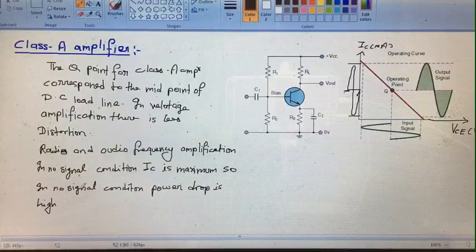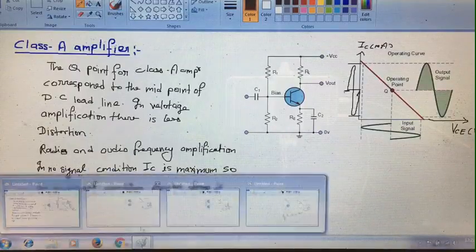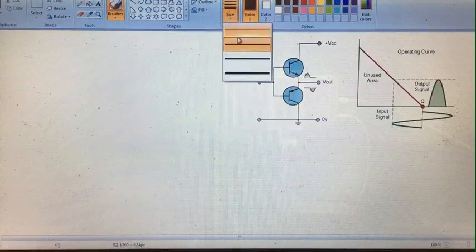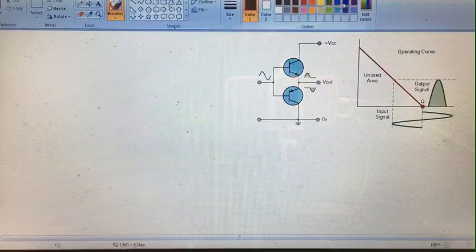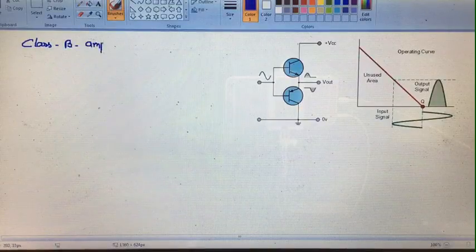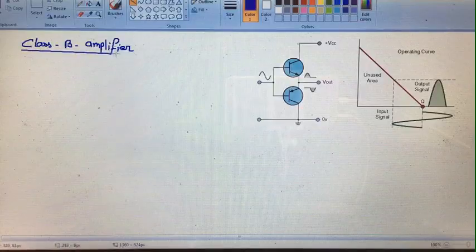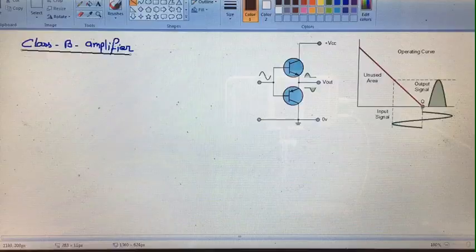Now we will discuss the class B amplifier. In the case of the class B amplifier, from the graph we observe that the quiescent point, as the operating point, is in the cutoff region.